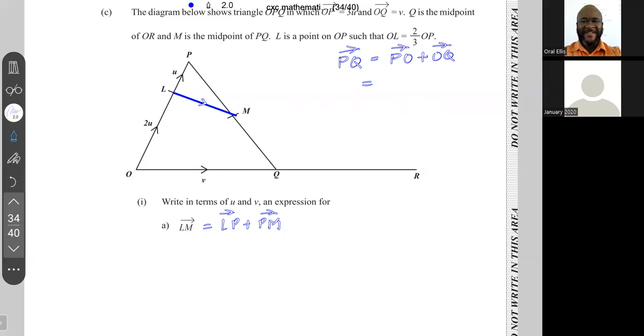Since OP is 3U, PO is minus 3U, plus OQ, which is V. Put in the positive first, this is V minus 3U. Now PM is equal to a half of PQ. So PM is a half of V minus 3U. All right, we needed PQ in order to get PM.